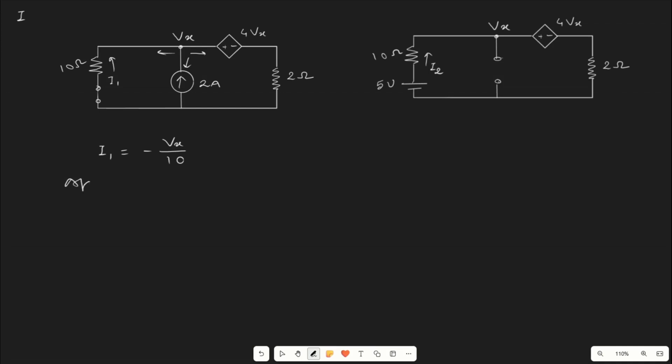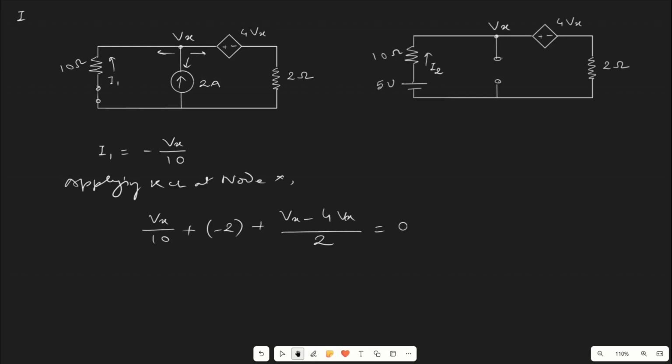So now applying KCL at node X, we have Vx by 10 plus, this is in the opposite direction, so minus 2, plus Vx minus 4Vx divided by 2 equals 0.